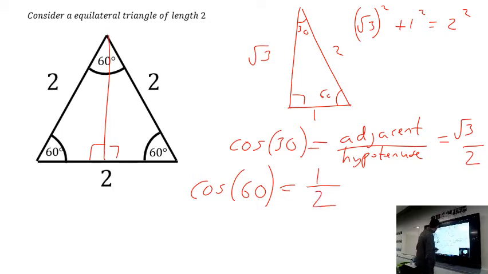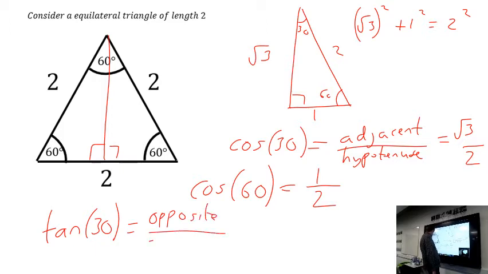And then we can also look at tan 30. Tan 30 is equal to our opposite over our adjacent. What's the opposite? Opposite is 1, adjacent is square root of 3.